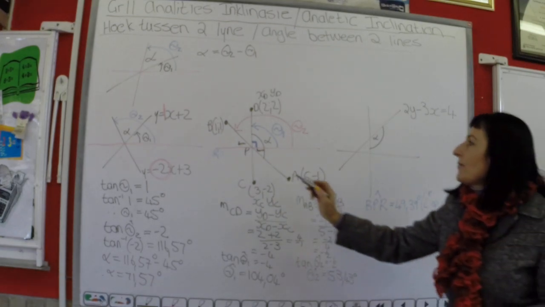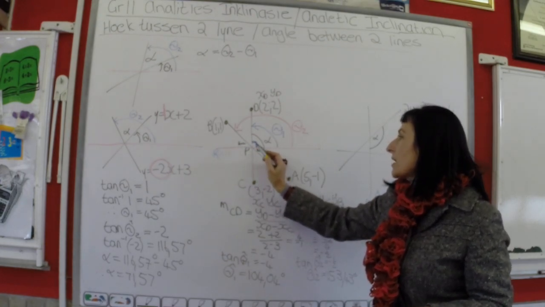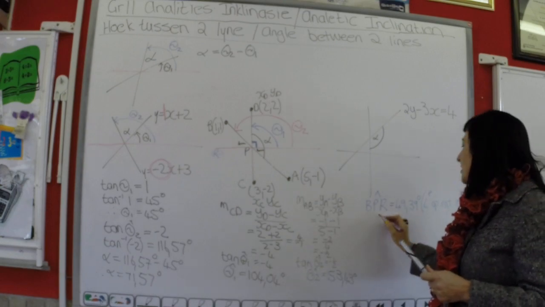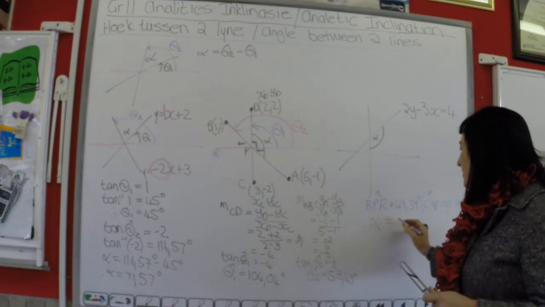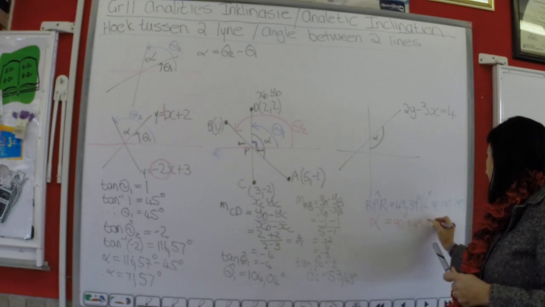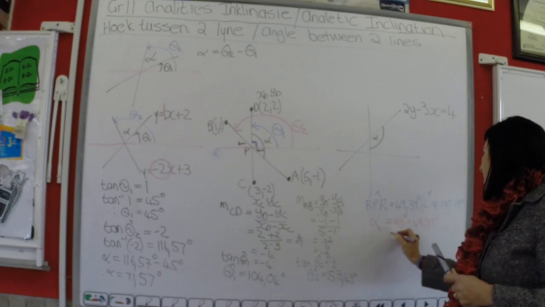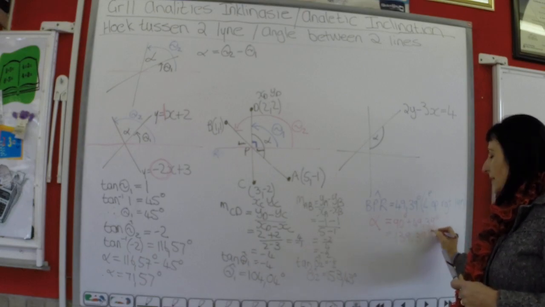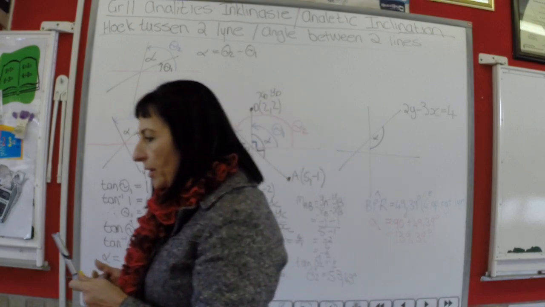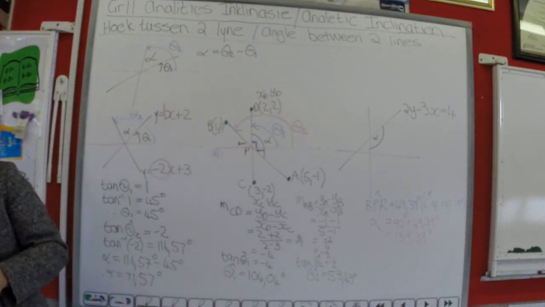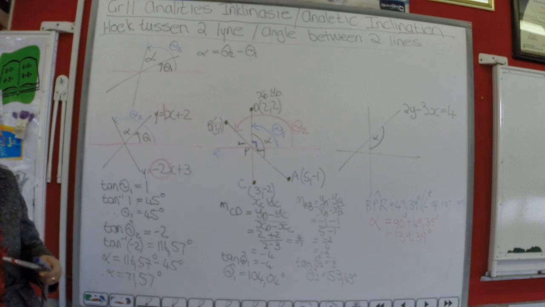So now I've got that little piece of angle, so I can simply add 90 degrees to get my alpha angle. I add 90 degrees plus 49,39 degrees, and that gives me 139,39 degrees. And I have the value of alpha. Okay, let's just see.